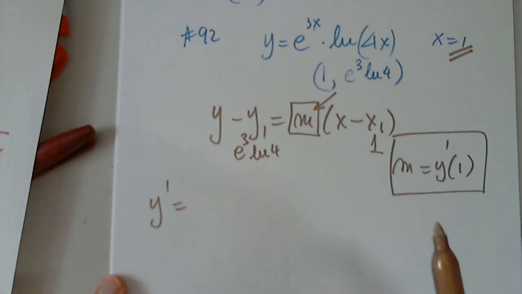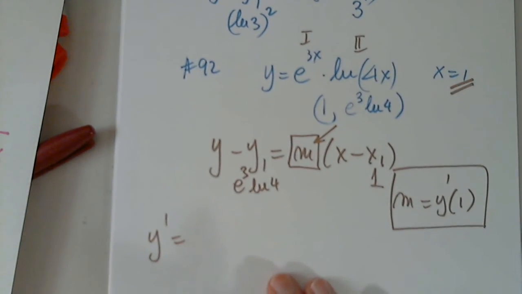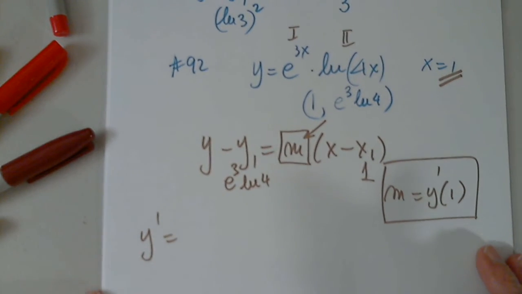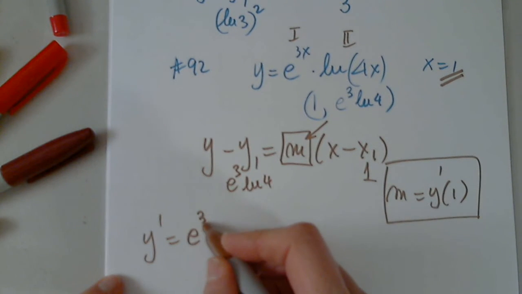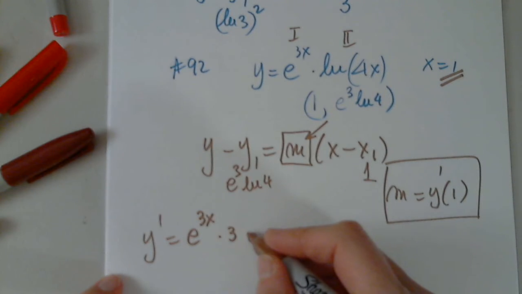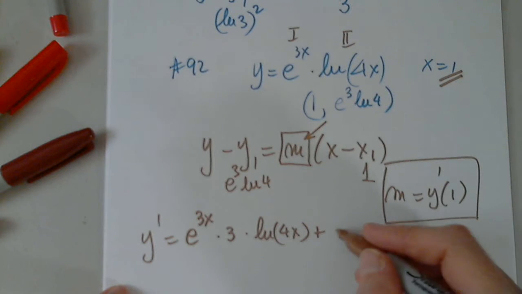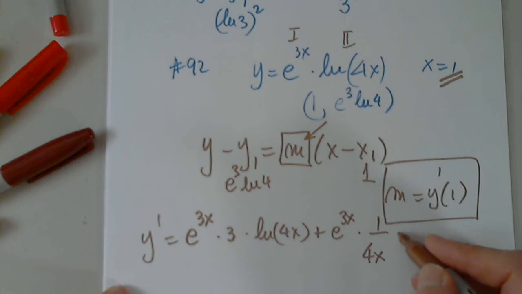Okay, now I see that the function is composed of a product of two functions. Both of them are function composition, so I will have to use the chain rule in both cases. The first function prime, e to u prime, is e to u, to a function, times the function prime, times the second function, plus the first function stays unchanged, times I have to differentiate the second function, which is 1 over 4x, times the inner function, which is 4.